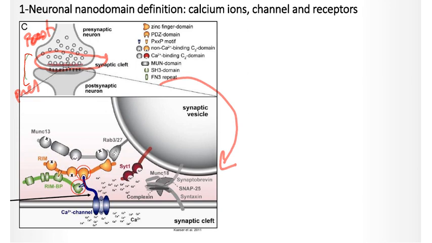What is interesting is that when calcium flows inside the channels, calcium seems to be restricted in a specific region here, underneath the vesicle and the plasma membrane.